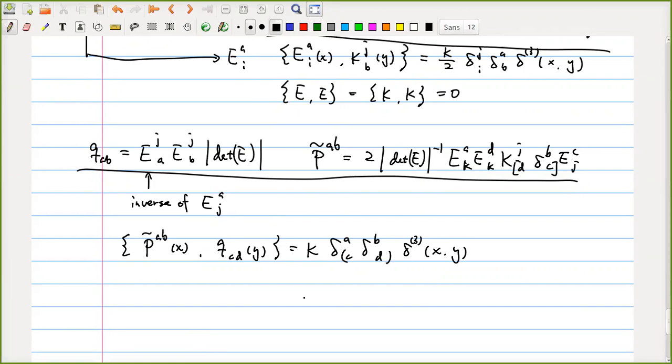Then it's really straightforward to derive this formula from upstairs.